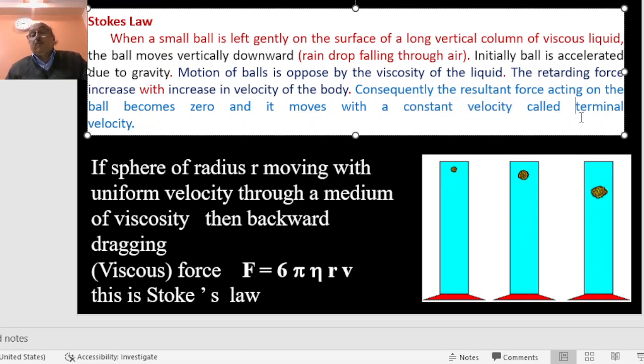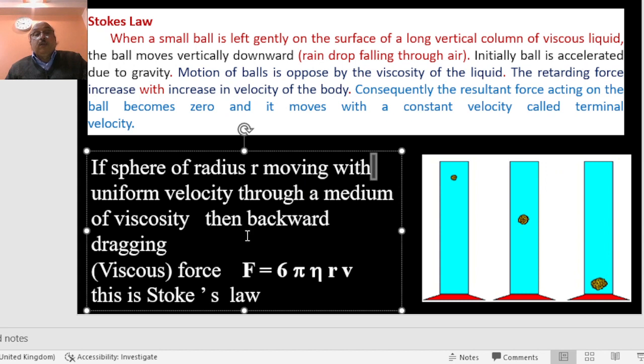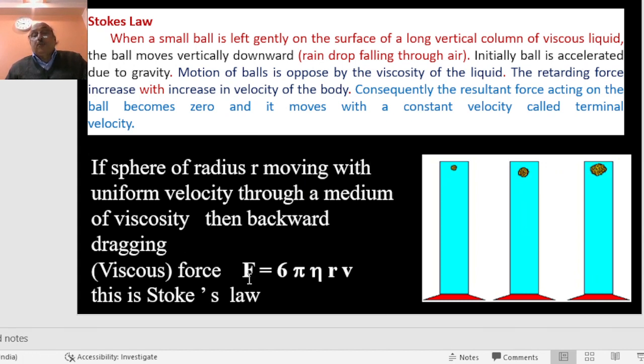The constant velocity achieved by the falling object is called terminal velocity. So according to Stokes' law, the viscous force directly depends on the coefficient of viscosity, the radius of the object, and the terminal velocity.